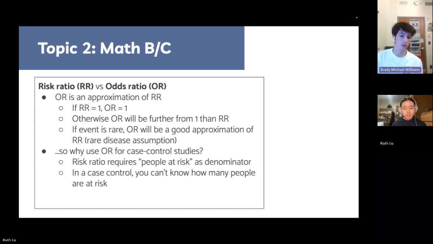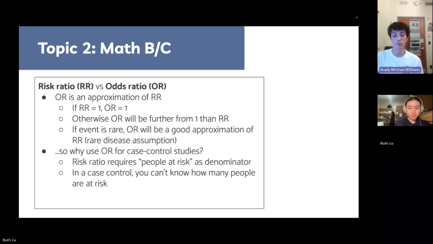And that's because when we're calculating the risk ratio, we need the number of people who got sick, who were at risk, over the total number of people at risk. But we don't know the total number of people at risk in a case control study, right?